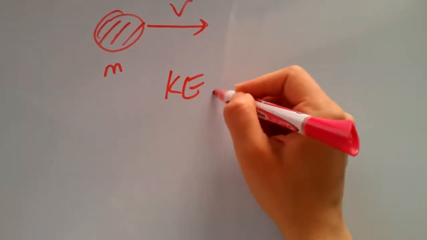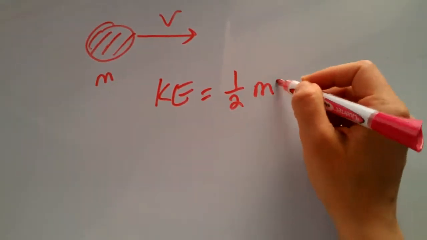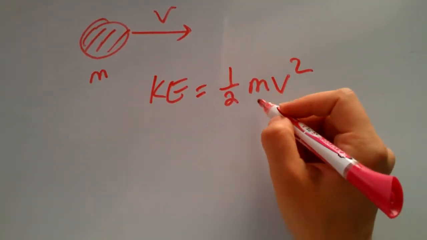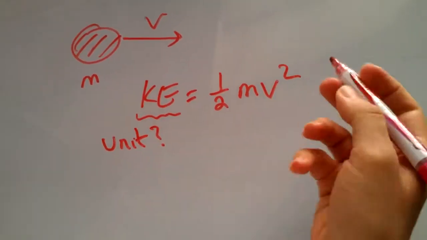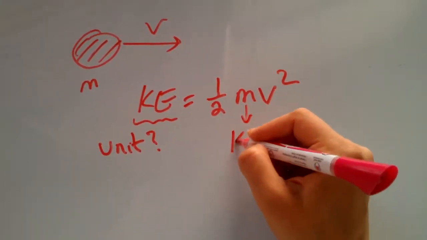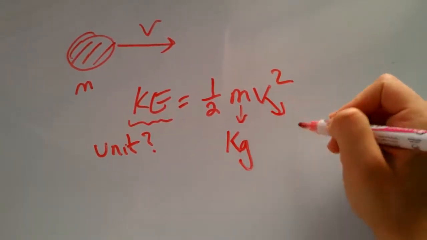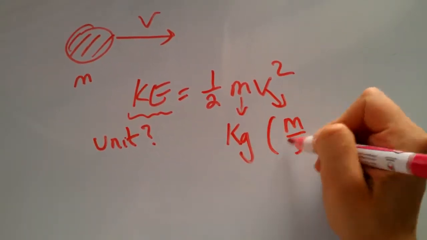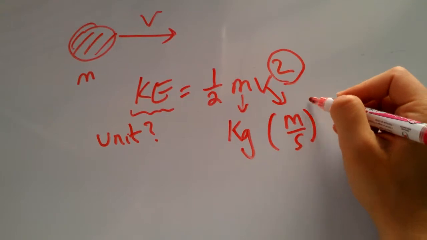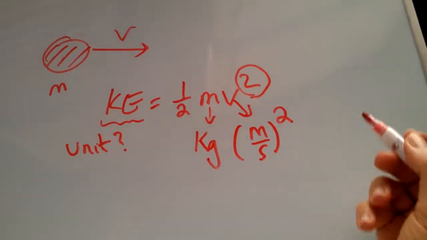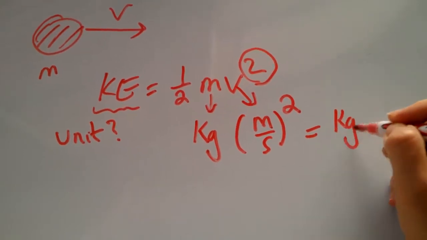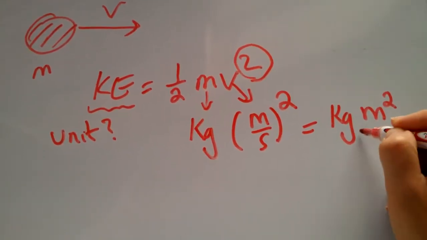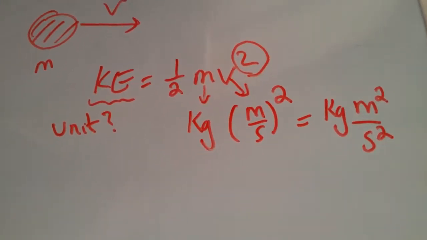Going back to kinetic energy and the fact that it's mv squared, let's figure out the units for kinetic energy. Units for mass is kilograms, units for velocity is meters per second, and we have it squared, so we need to square both. It turns out that the units for kinetic energy is kilograms meters squared per second squared.